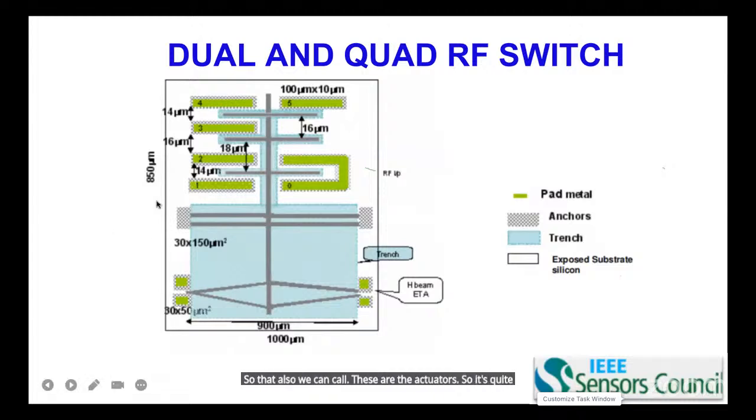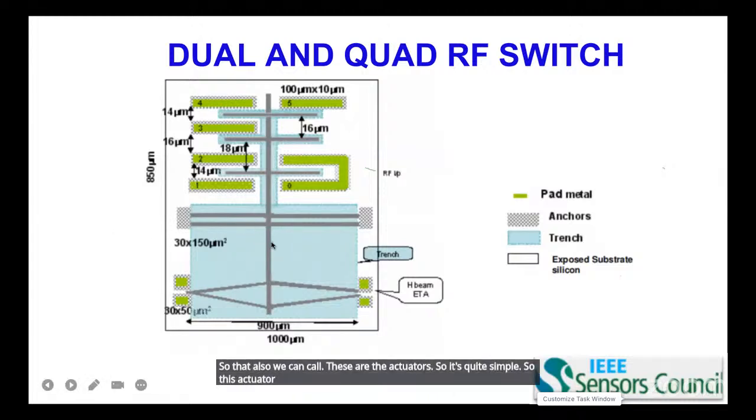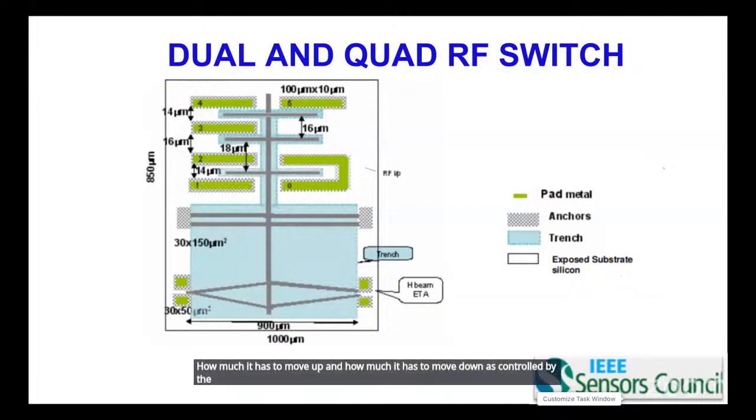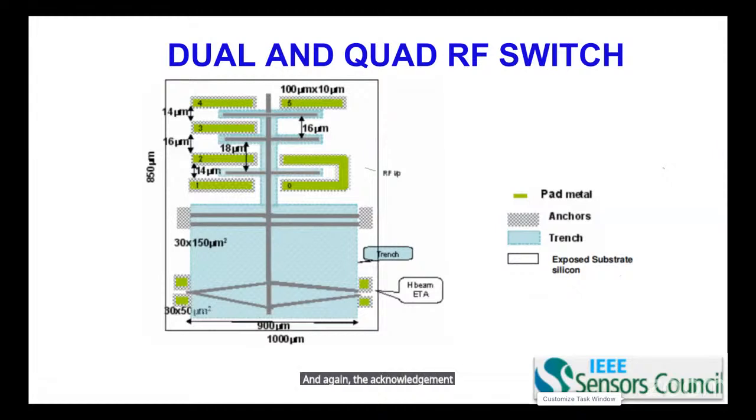This actuator is designed in such a way that it can move up and it can move down. How much it has to move up and down is controlled by the voltage node and ground node, how much voltage we are giving. And again, my acknowledgement to Dr. Preeta Nair and Dr. Joshita.